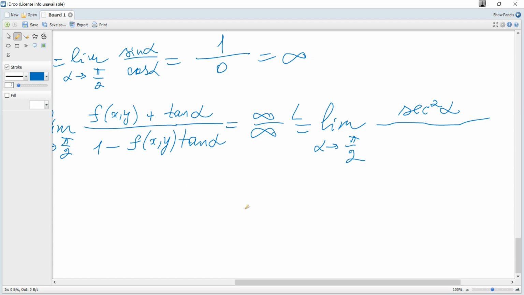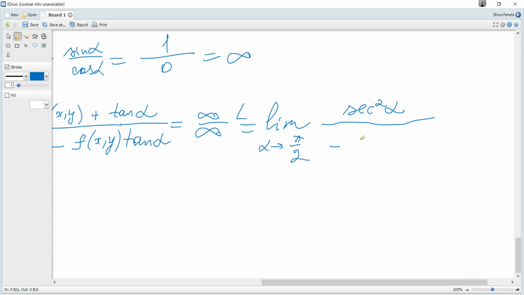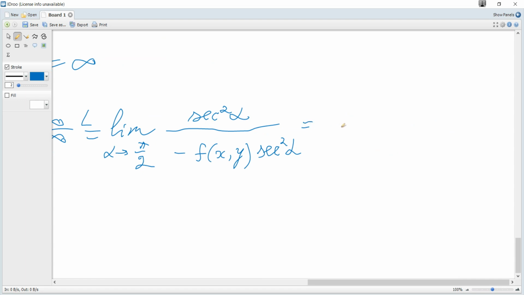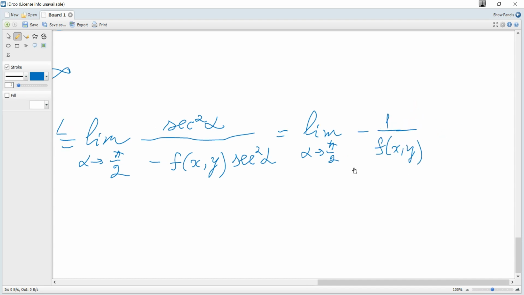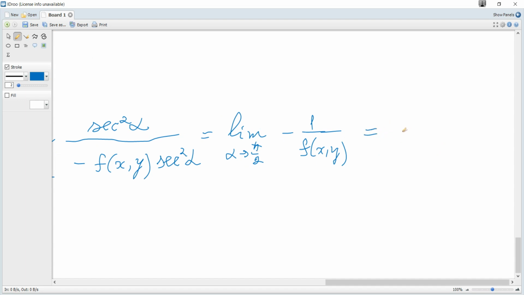The derivative of the denominator becomes 0 minus f, it's like constant, times tangent derivative secant squared alpha, and we can see that secant squared cancels, and we get that its limit as alpha tends to pi over 2 of negative 1 over f, but it's constant with respect to alpha, and its limit is just negative 1 over f of xy as required.